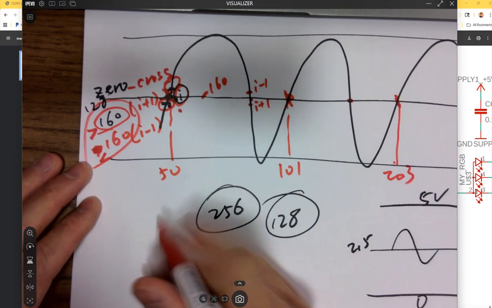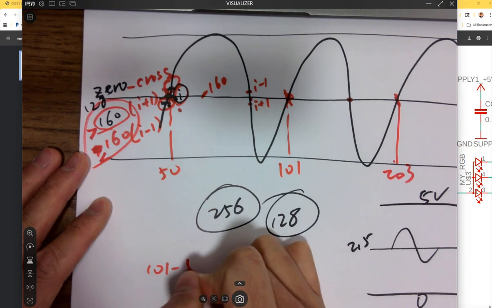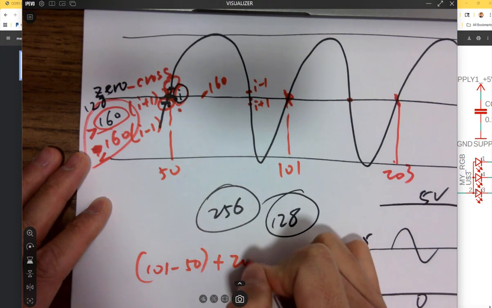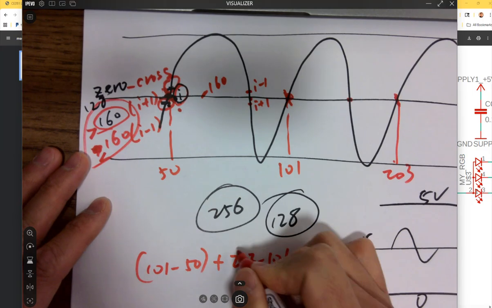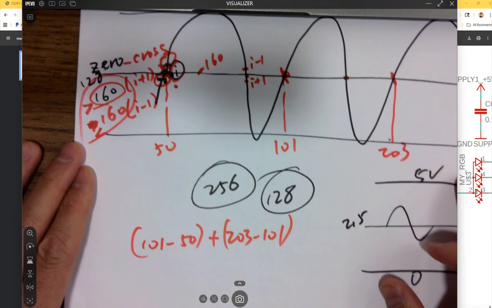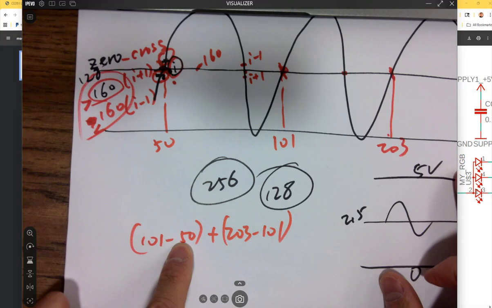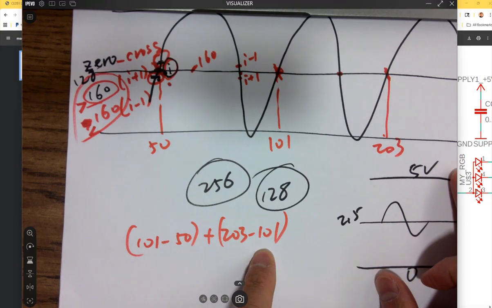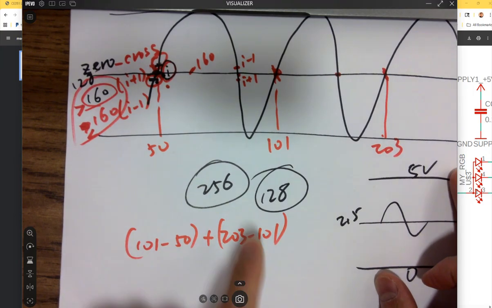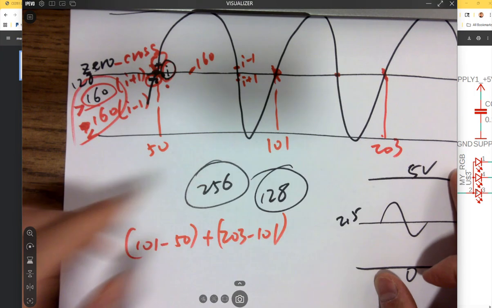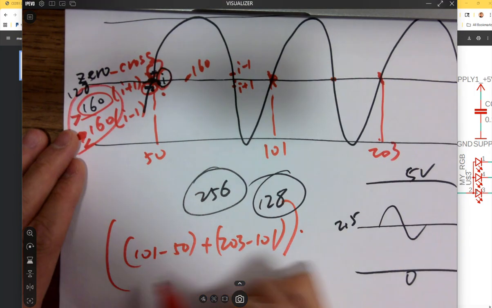And then do the math over here: 101 minus 50, plus 203 minus 101. This many intervals for the first period, this many intervals for the second period. Times what? Divided by what?